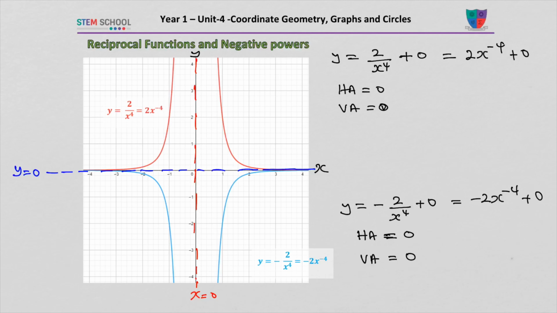Now, because the power here is even, if you square a negative, you get positive. So the graph is going to come from there to there, become positive, and so it's even, so it will make it positive. All the values will be positive.